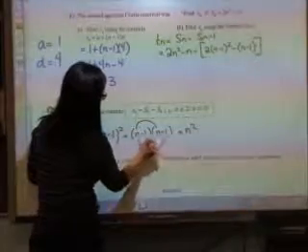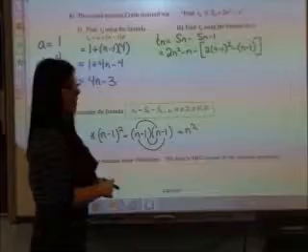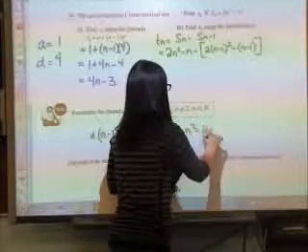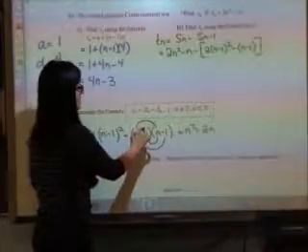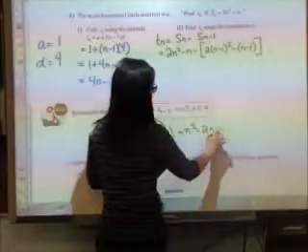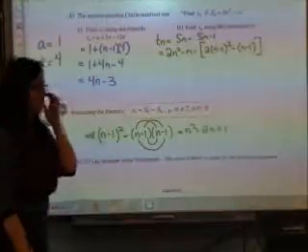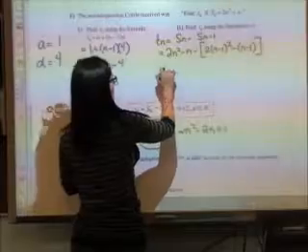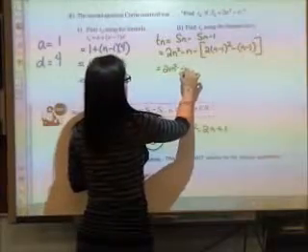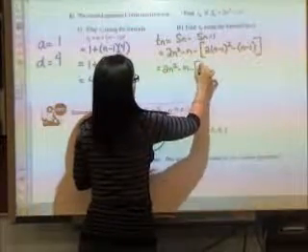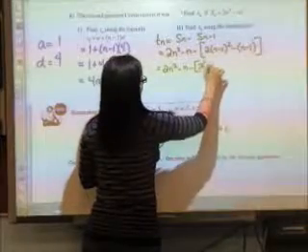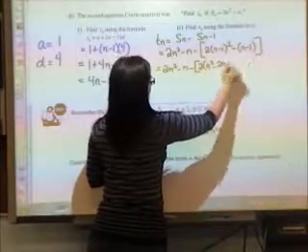My outside and inside terms give me 2 negative n's. And then my last terms give me a positive 1. So in my formula, I have 2 times n squared minus 2n plus 1.